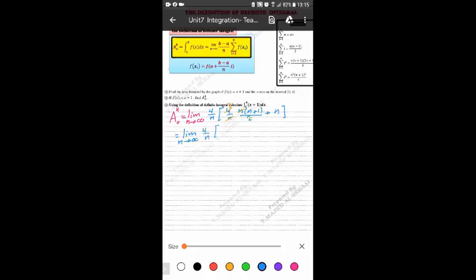I still have 2 times (n plus 1). I can open it. Let me just open it. It will be 2n plus 2 plus n, right?